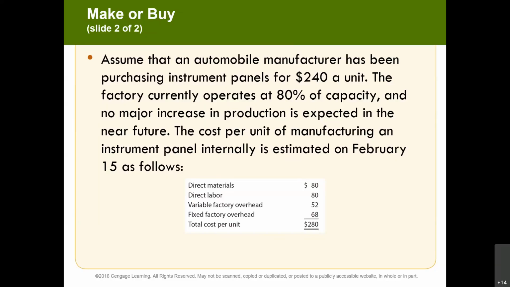Direct materials would be $80. Direct labor would be another $80. Variable factory overhead will be $52. The fixed factory overhead will be $68, which would give us a total cost per unit if we manufactured it in-house of $280. So my question to you all is, would you make it in-house or purchase it?